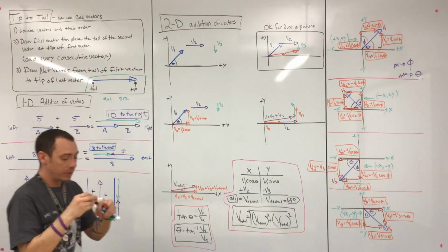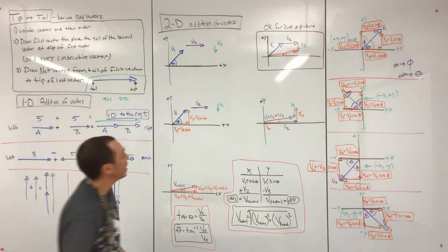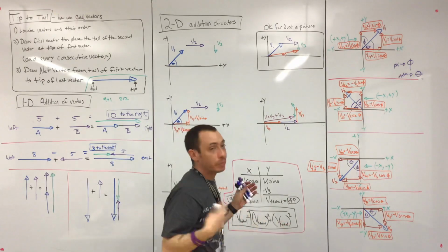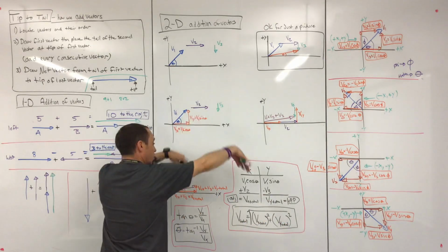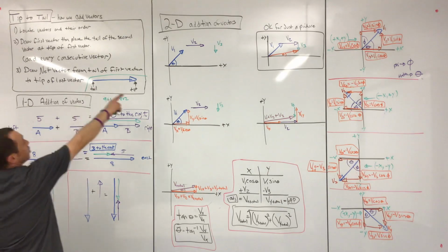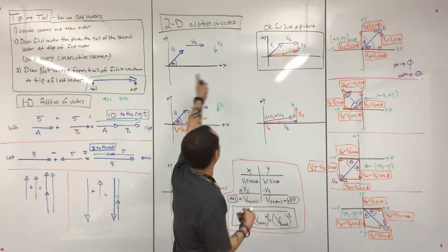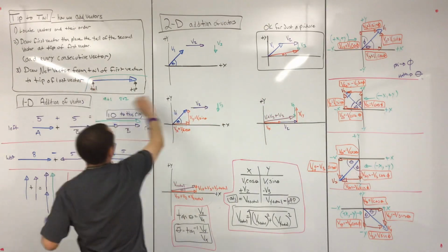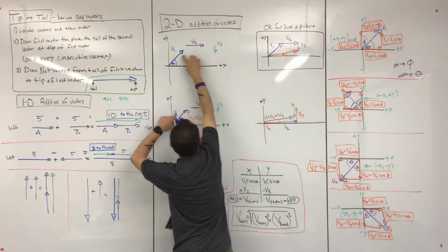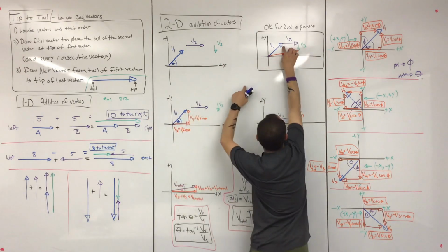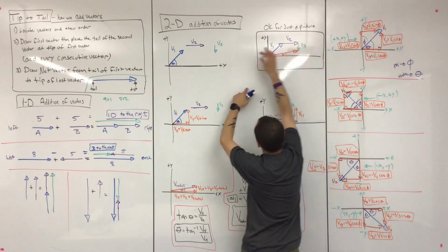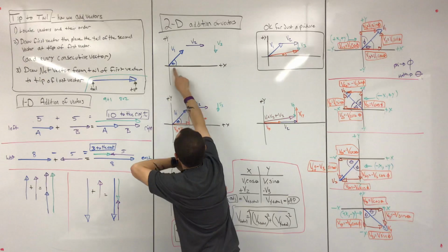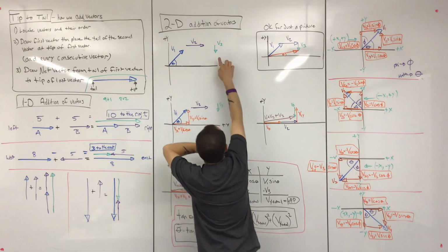Now we can do this problem. Hopefully, it shouldn't be too bad. So we're given these three vectors, right? If they're just saying, hey, give us the picture of these three vectors added together, then yes, you can go tip to tail, just like we said here, where we draw our first vector, which is v1, and then we take the tail of v2 and put it at v1, and then we take the tail of v3 and put it at v2, and then draw the net vector from the tail of the first vector to the tip of the last.